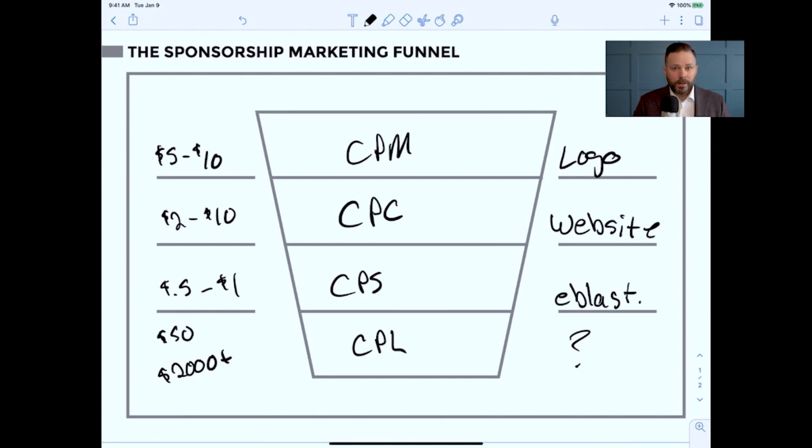But as you can see, the value can be really significant. So by looking at the digital marketing sales funnel, we can see that the least valuable assets we have to offer would be logo placement. And the most valuable assets we have to offer are when we can actually introduce our sponsor to their target market, to their target customer, in ways that we can actually measure.